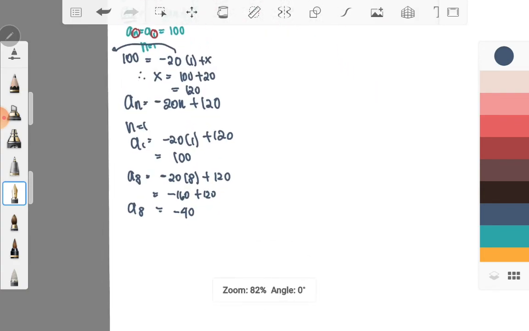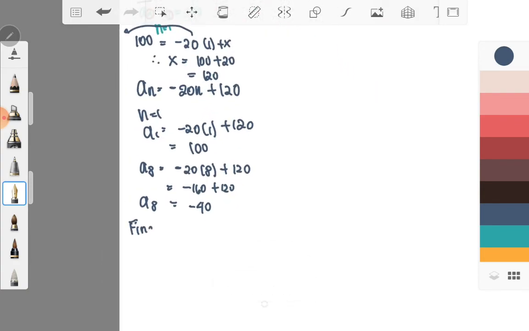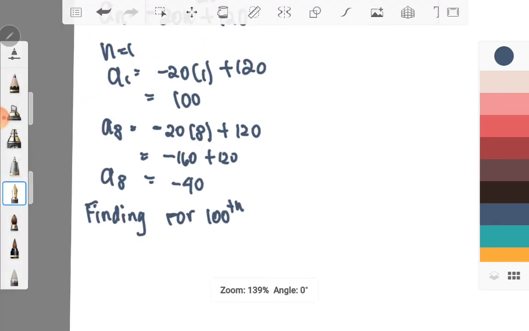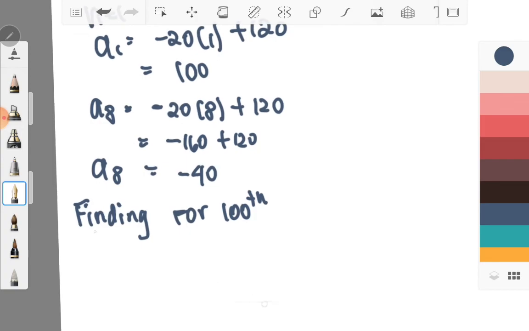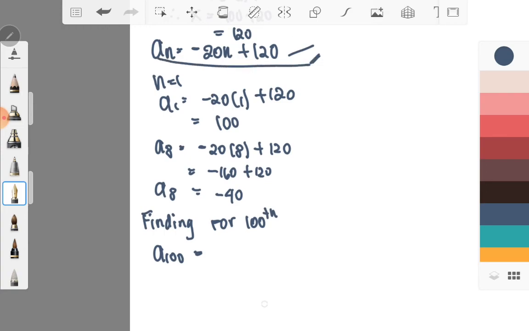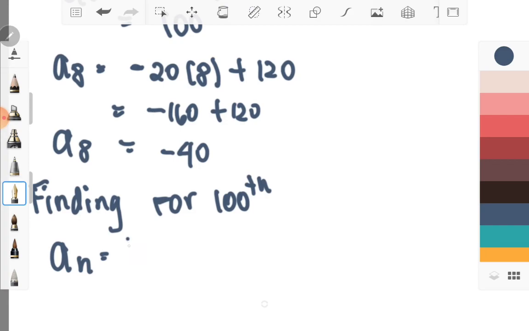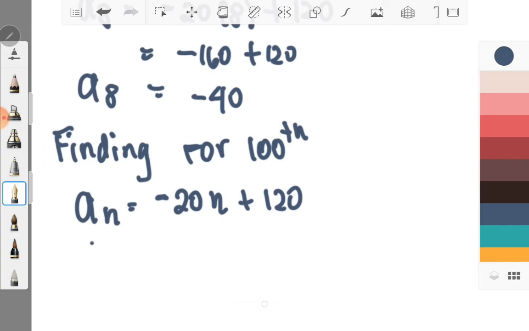So, therefore, finding our 100th term. I have A100 equal to, so ano yung equation natin? Ito yung equation natin. Lalagay ko muna. Okay. So an is equal to negative 20n plus 120. So I have my A100 is equal to negative 20 multiplied by 100 plus 120.